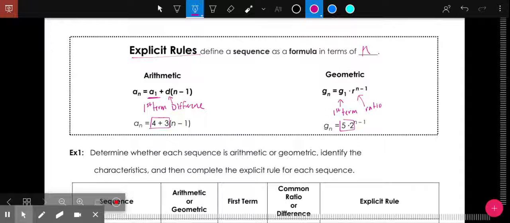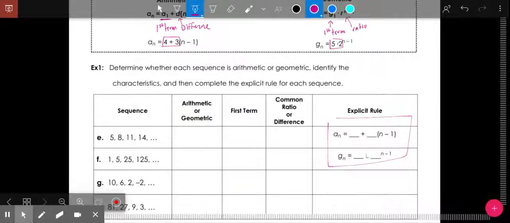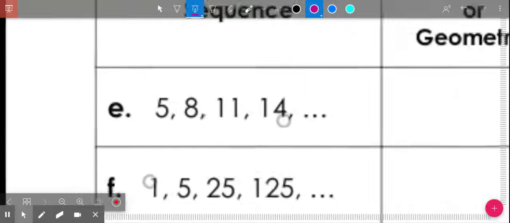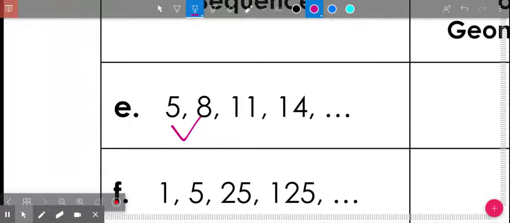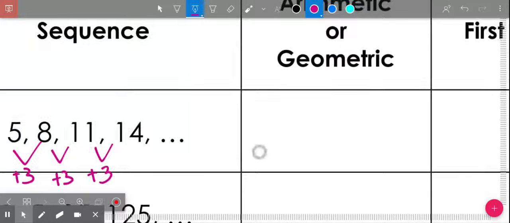All right, so let's look at our table. Notice I've given you the blanks to fill in, and then on the next one we'll write the rules. So from 5 to 8, we're adding 3. 8 to 11, we're adding 3. And 11 to 14, we're adding 3. So since we're adding 3 each time, that's going to be arithmetic.